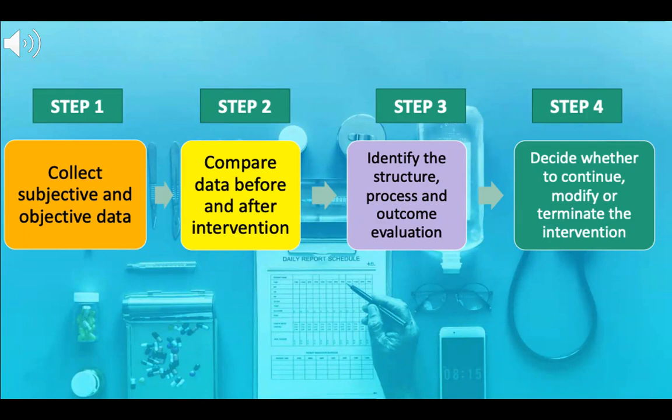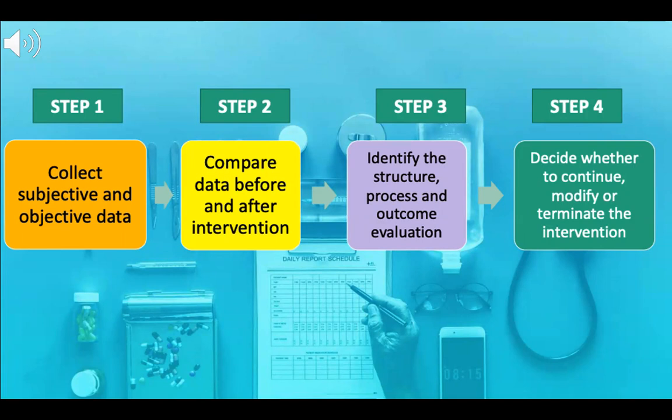And more specifically, to do those, we need first to collect data again. So we need to reassess. After reassessing, we compare the data that we have gathered currently to the data that we have gathered before.